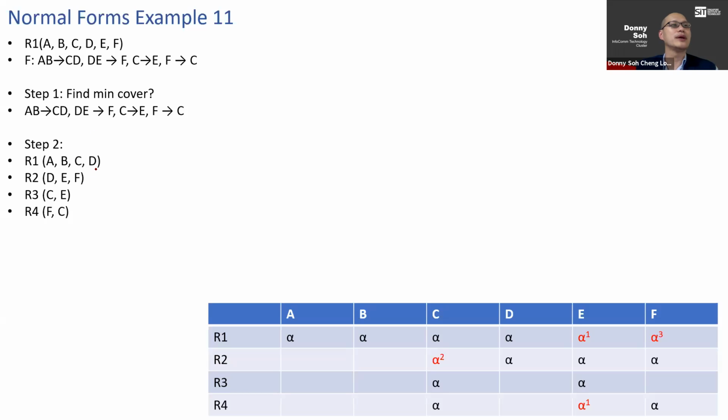Can we combine the tables? Nothing to combine. So this is fine. The next thing we do is check whether it is a lossy decomposition or not. A, B, C, D, E, F.